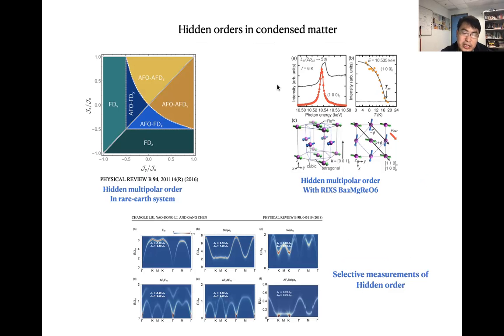For this hidden order, we clearly see a huge entropy loss in the thermodynamic measurement, but in some spectroscopic measurements, it's unclear. So there are some ideas on how to detect them with RIXS, with neutrons, some selective measurements with neutrons. Yeah, some of these efforts in the group are devoted to hidden orders.